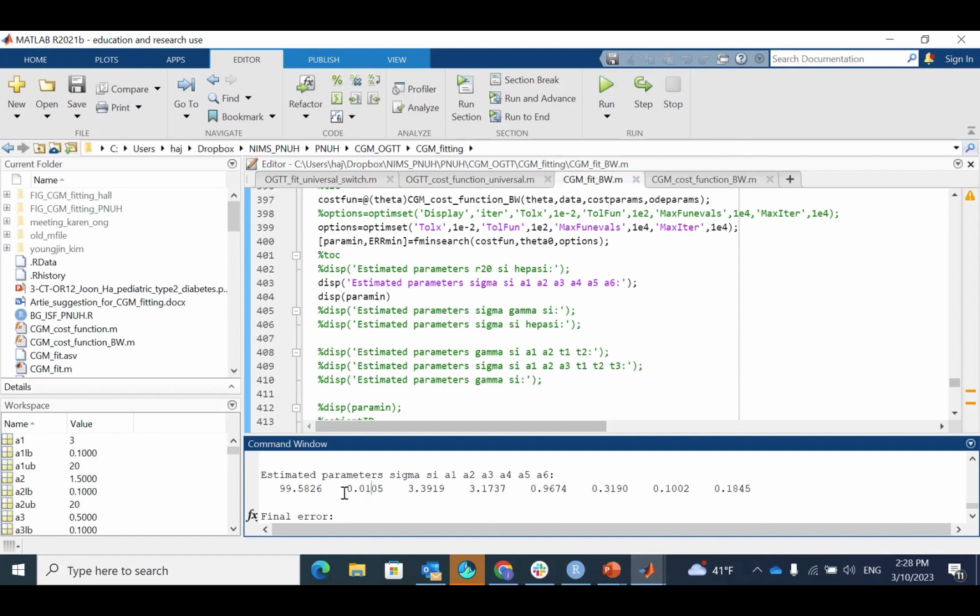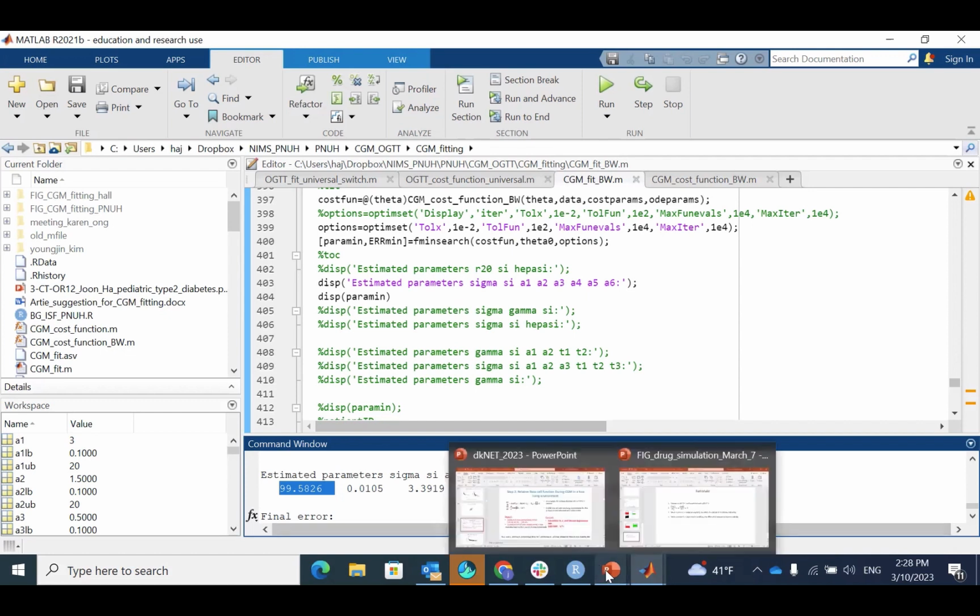But based on my experience, 99 is too big. This doesn't make any sense. However, their product really makes sense. Even though the sigma balance function is very strong, it doesn't matter. Their product is the true value, but each individual sigma and SI is not the correct one. Okay.